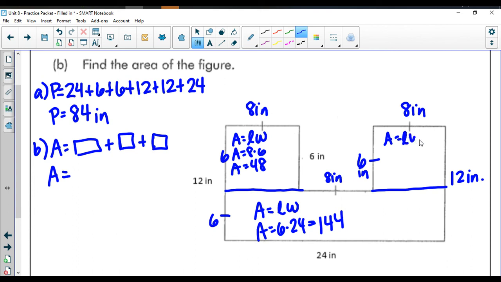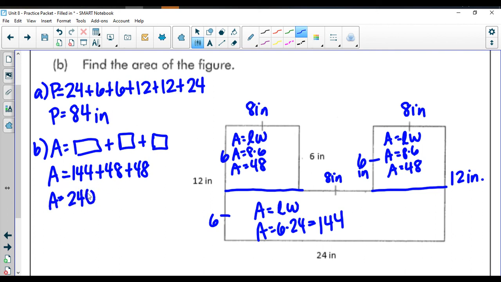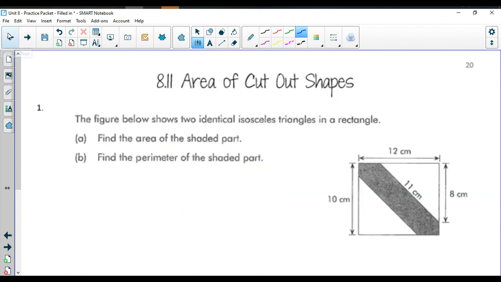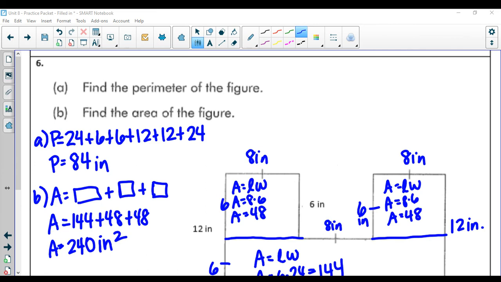This is going to be the same thing, 8 times 6, which is 48. So I have 144 plus 48 plus 48. That'll give me a total of 240 square inches for this irregular shape then. And that wraps it up for lesson 8.10.